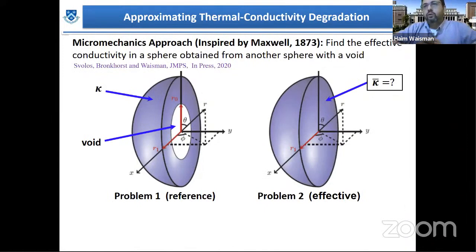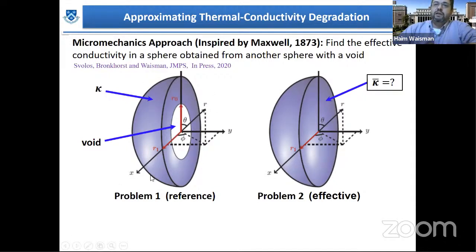So our approach to derive how the thermal conductivity degrades with phase field is inspired by the Maxwell approach. This is basically a micromechanics type formulation that you can think of.